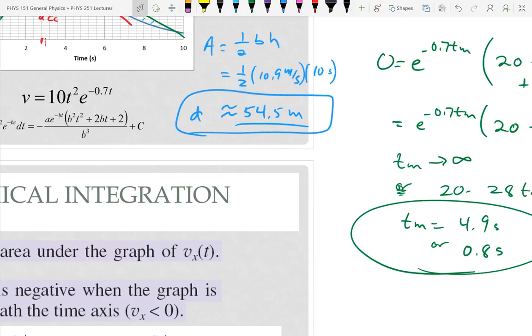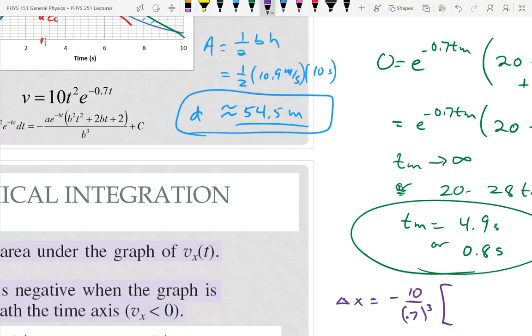So I'm going to have, and I'll put delta x here, but in a different color. Delta x is equal to, my a was 10, my b was 0.7, that's right. So that's going to be in everything.